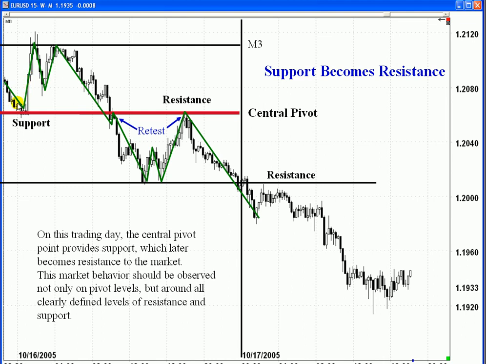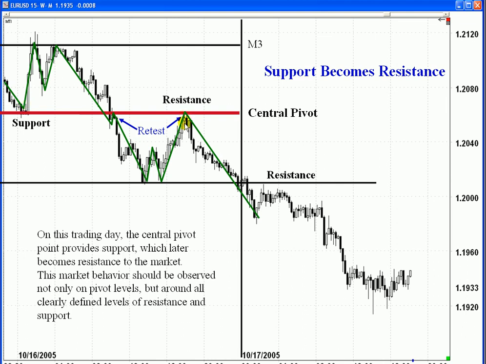Another fine example of support. Price moves to M3, down to S1, down to M2, and price rallies. Support becomes resistance.